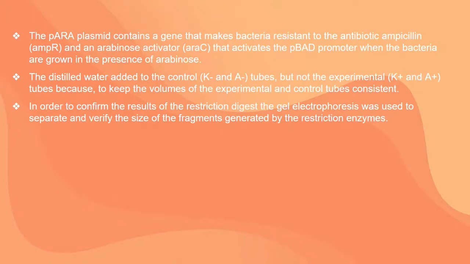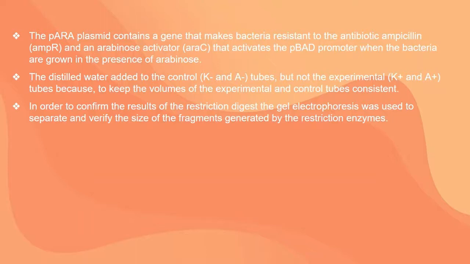The pARA plasmid contains a gene that makes bacteria resistant to the antibiotic ampicillin, AmpR, and an arabinose activator, araC, that activates the PBAD promoter when the bacteria are grown in the presence of arabinose.